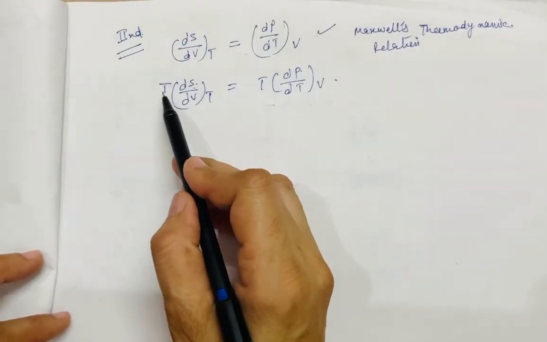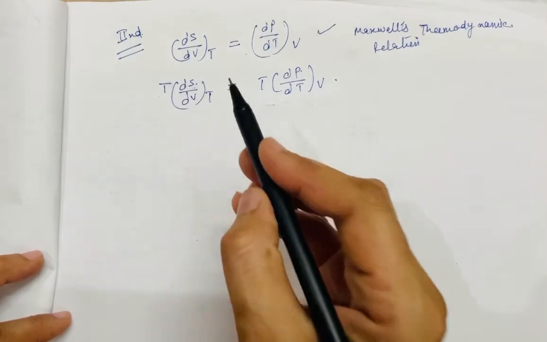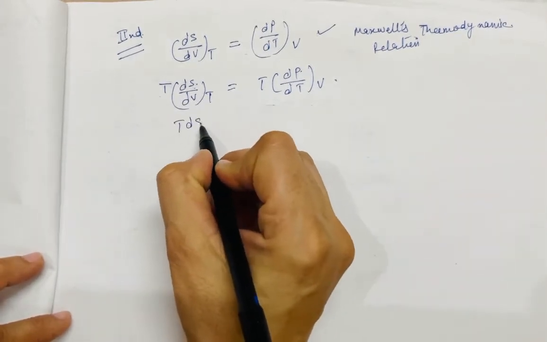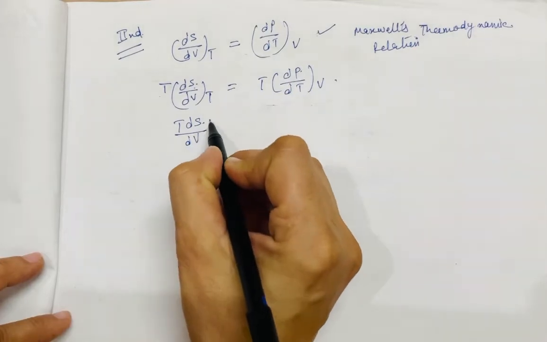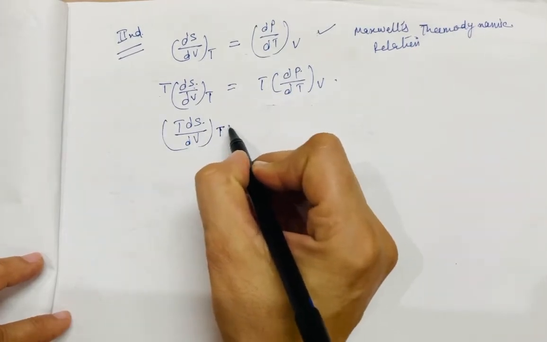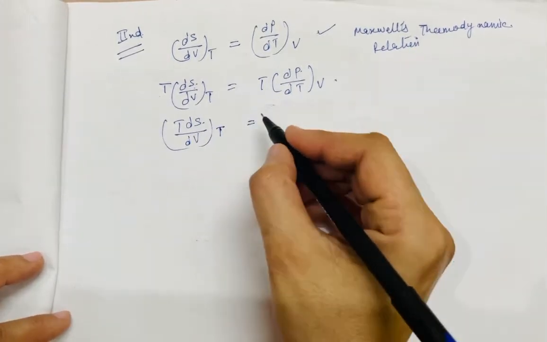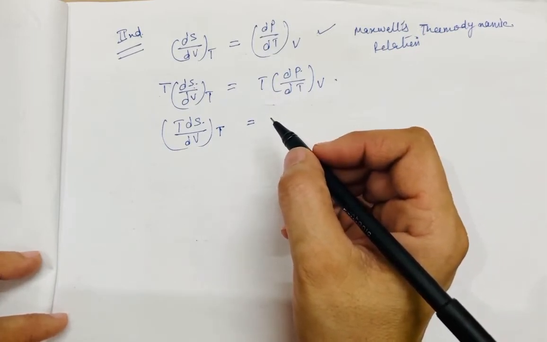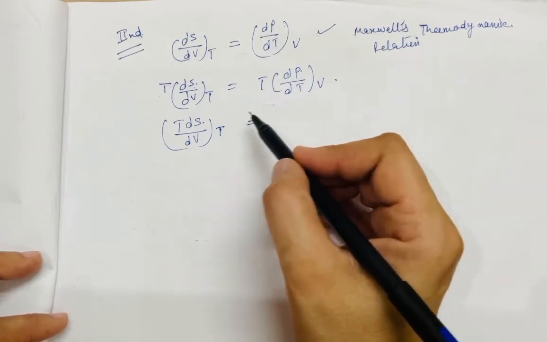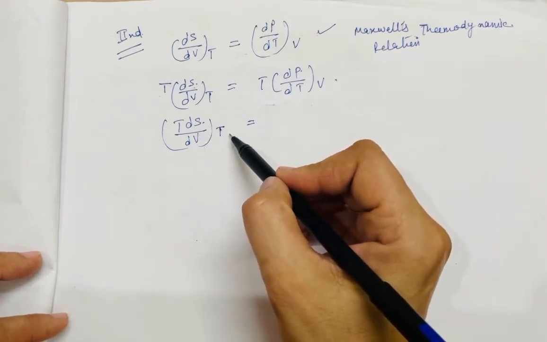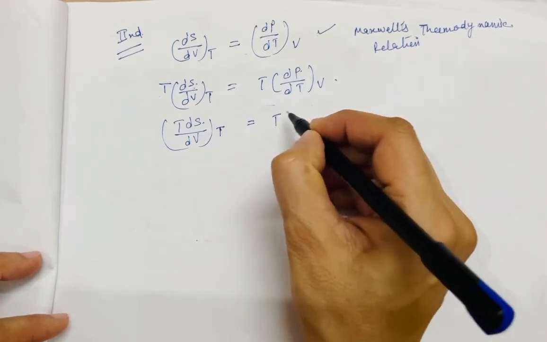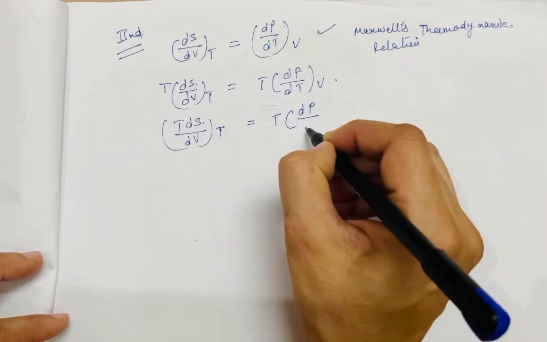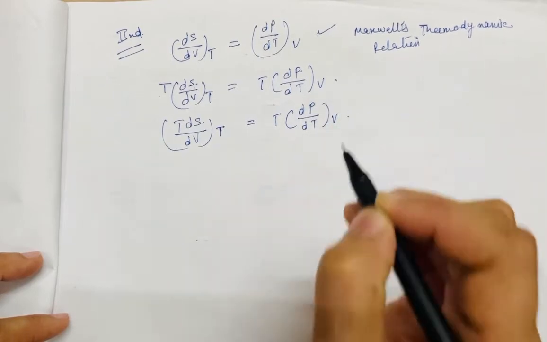And we can take T inside the bracket, so T dS by dV at constant temperature is equal to T curly dP by dT at constant volume.